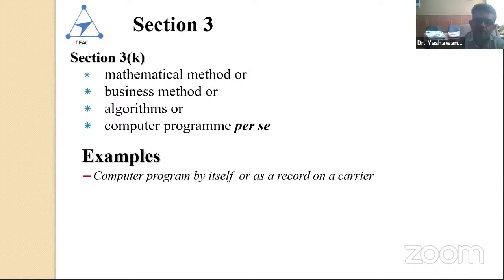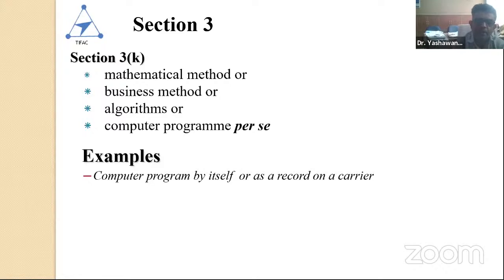But all of these, if the result is to handle the functioning of some hardware, some machinery, some component, some material, then they become a subject matter of patents.